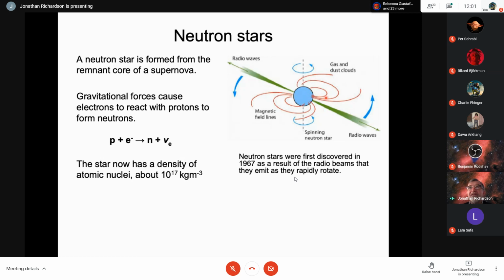So if the star is rotating about this central axis, energy is being given off in the form of neutrinos, electron neutrinos, for example. These neutrinos are rotating, moving negative charge gives us a wave. That wave is observable in the radio part of the spectrum. So these objects, rotating neutron stars, were first detected in 1967.